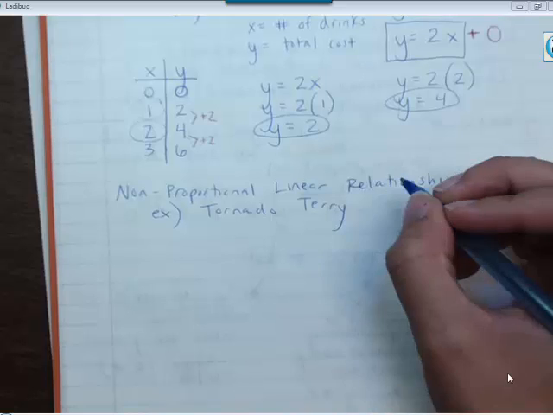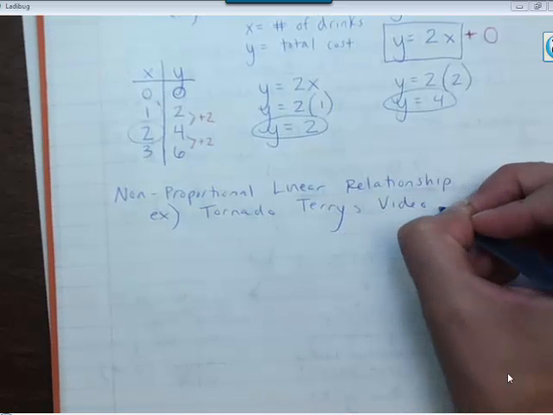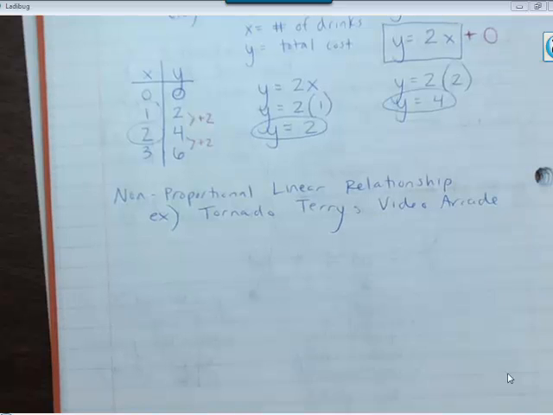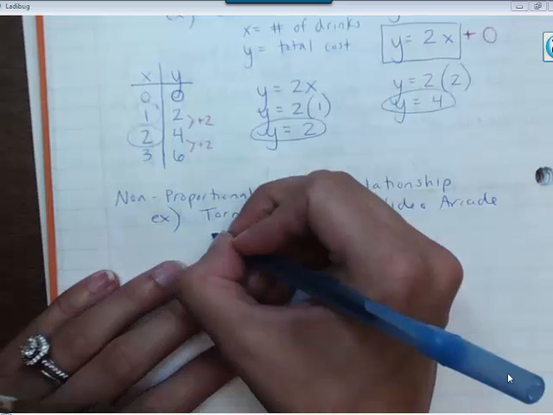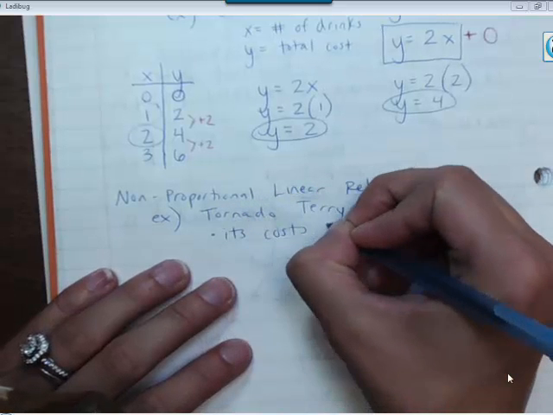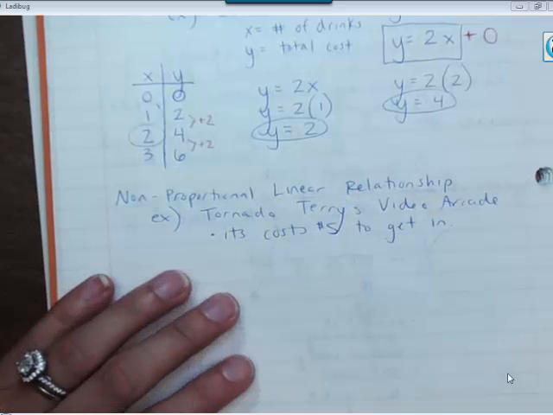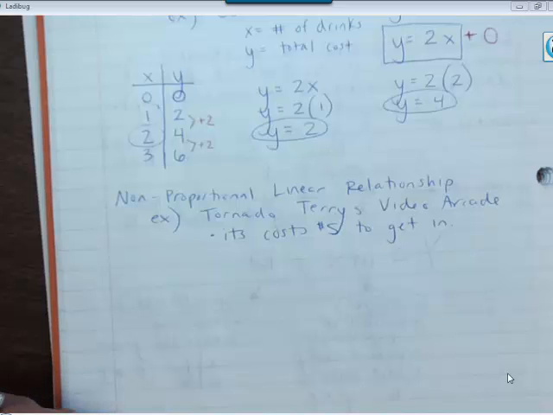So, Tornado Terry's Video Arcade. At Tornado Terry's Video Arcade, there's a couple rules. The first thing is it costs $5 to get in. Even if you're just going to watch friends play video games, it's still going to cost you $5. To get into that door, you have to pay $5, so everyone pays.